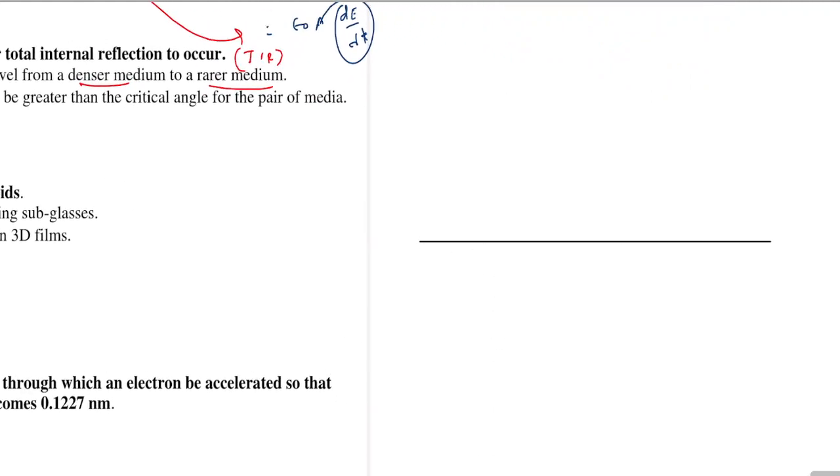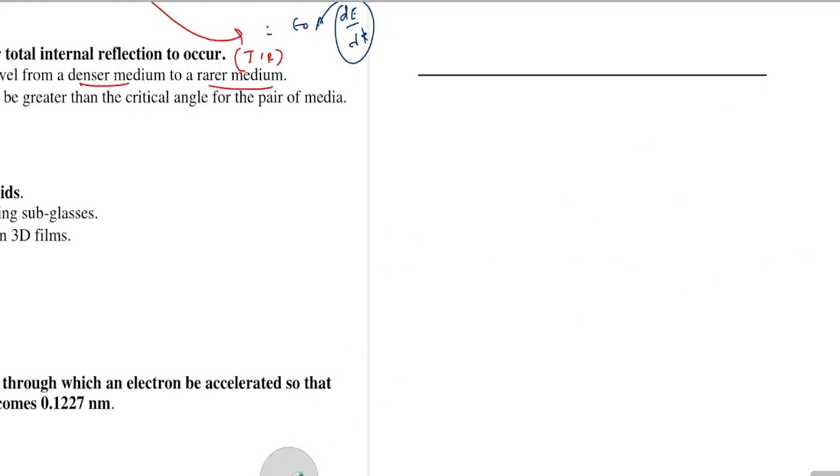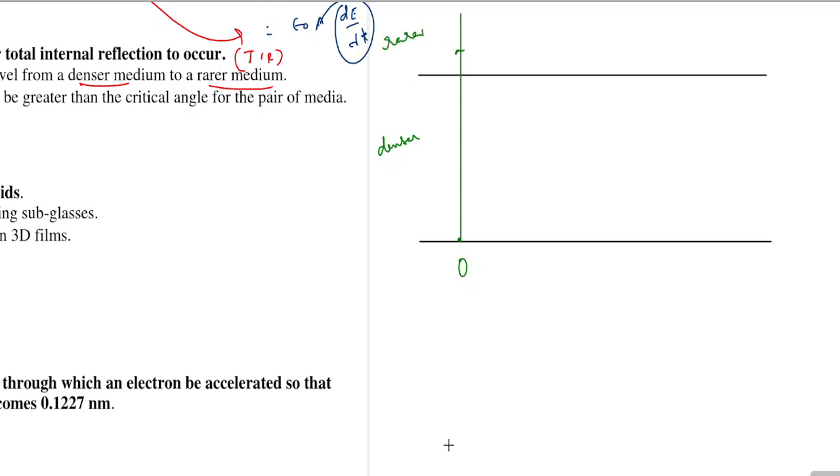Just do it quickly here. If we have a boundary like this, and we have a source of light somewhere here, for example this is point O. If we look at light rays, this light ray will move undeviated like this. Let us consider this as the denser medium and this as the rarer medium.